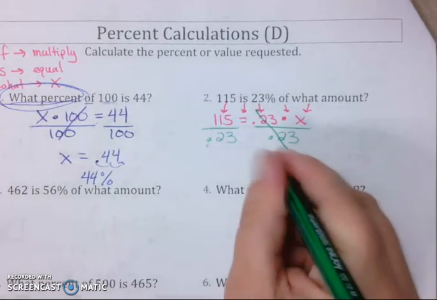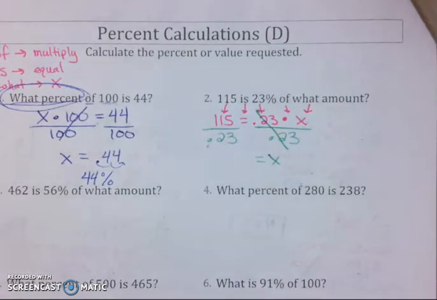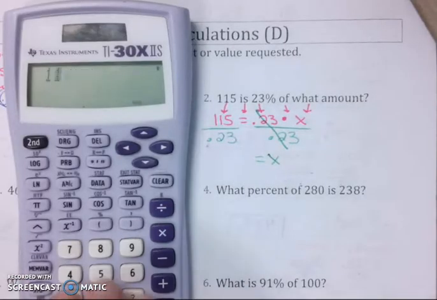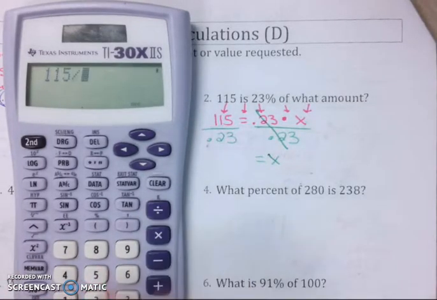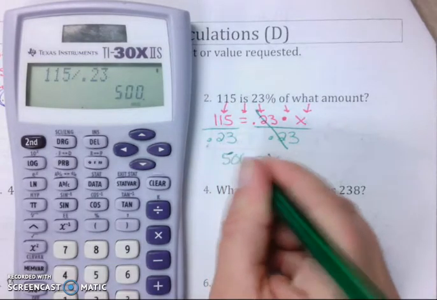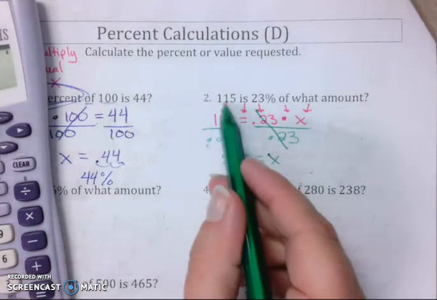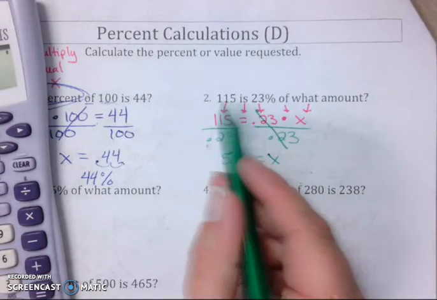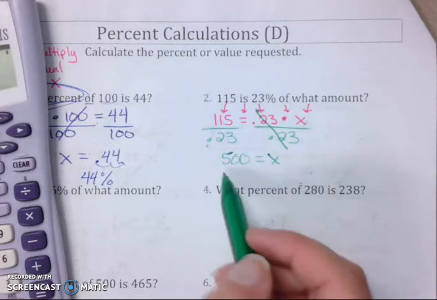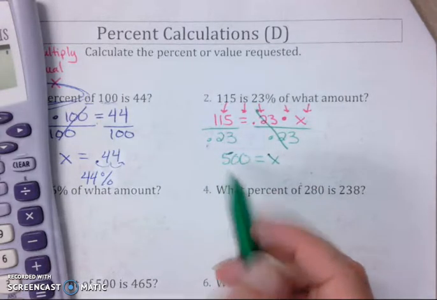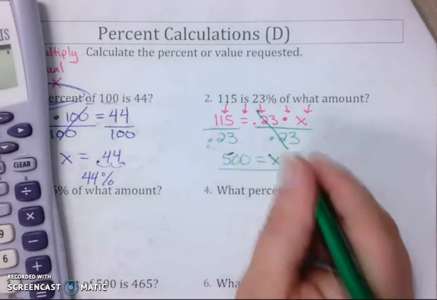These cancel. And then I use my calculator. And I take 115 divided by 0.23. And I get 500. Now think, does that answer make sense? 115 is 23%. So that's not very much. Our number is going to be big. Out of 500, so that's a pretty big number, so that makes sense.